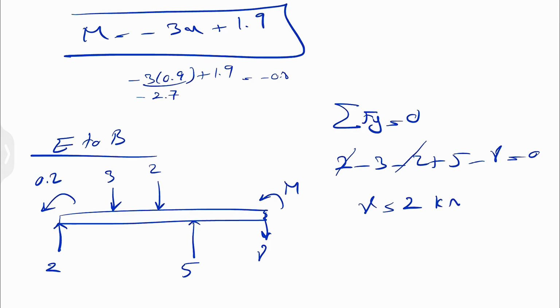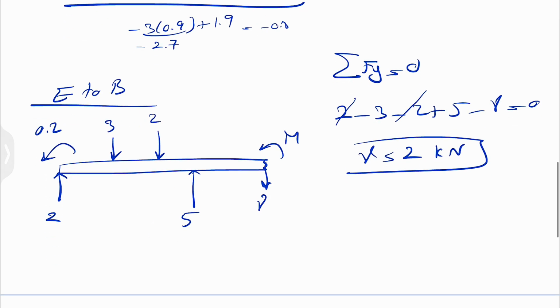2 kilonewtons, and just have to do the moment about J equals 0, which everything is the same from the previous part. So this will be our x.